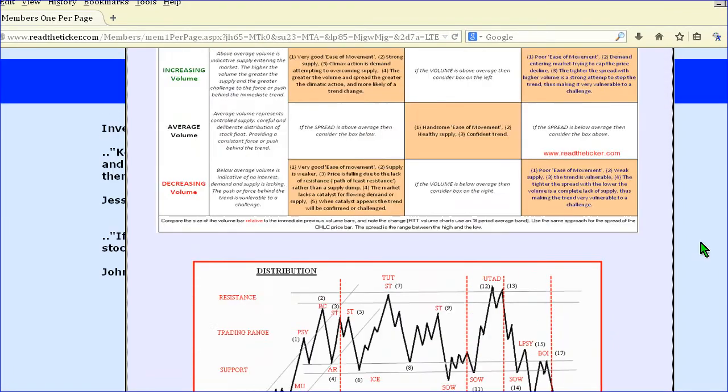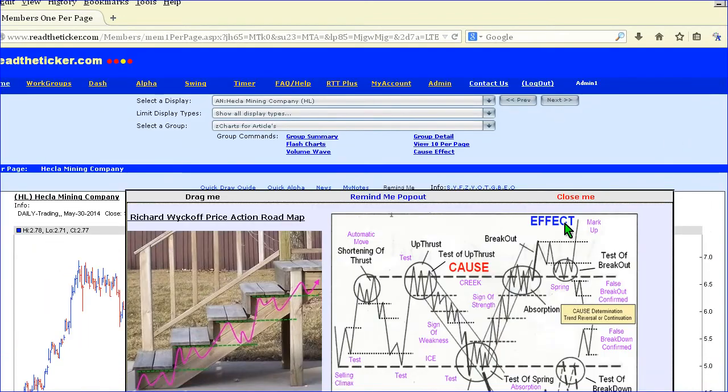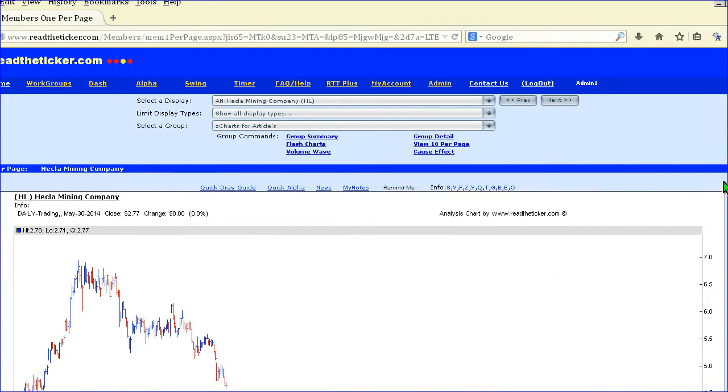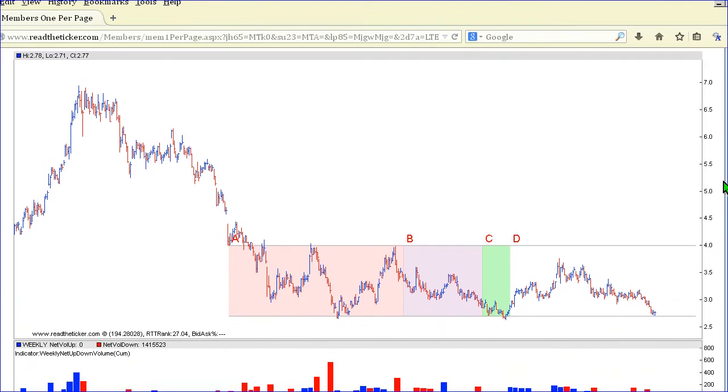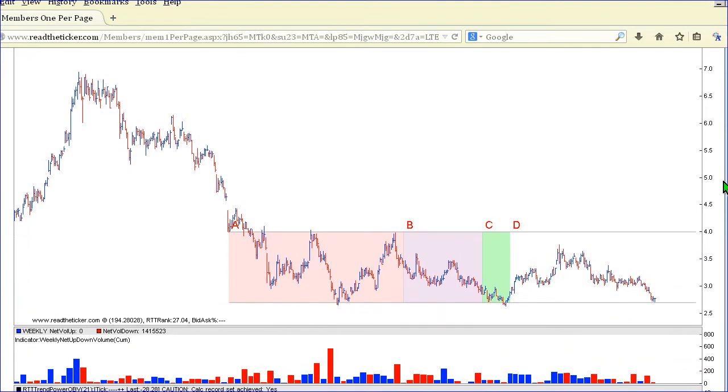So let's see how we can look at this in real time. At the moment I've got the Wyckoff campaign drawn on here, and as we can see, we have a selling climax here where volume picked up and showed the bottom there, so there's a lot of support for the climax there.